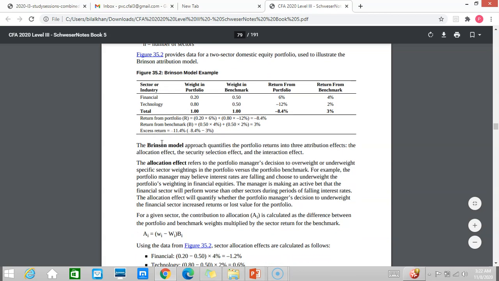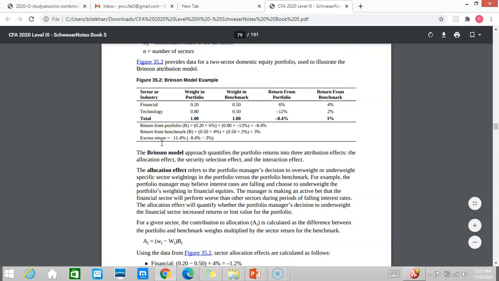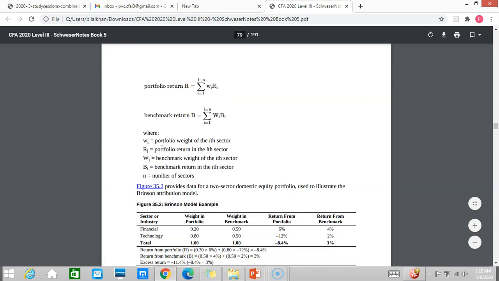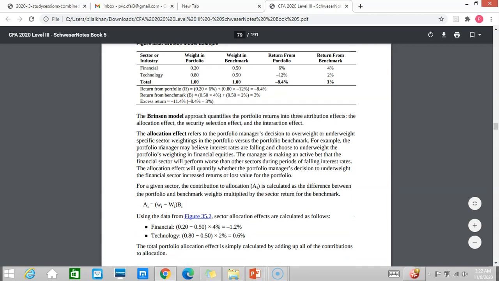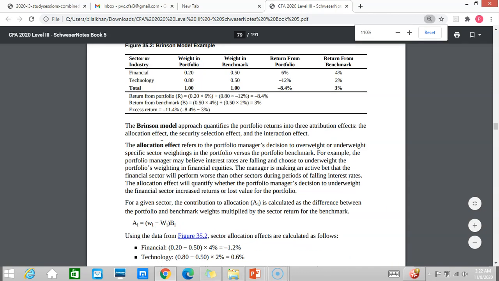So now the question is, how do you get the allocation effect, that is, how much is coming from allocation? What you simply do is take the weight that you have in your portfolio, subtract the weight of the benchmark, and then multiply it with the benchmark return.